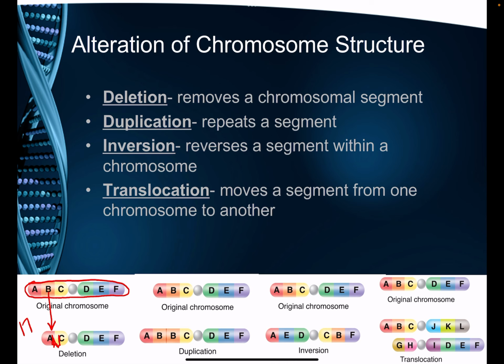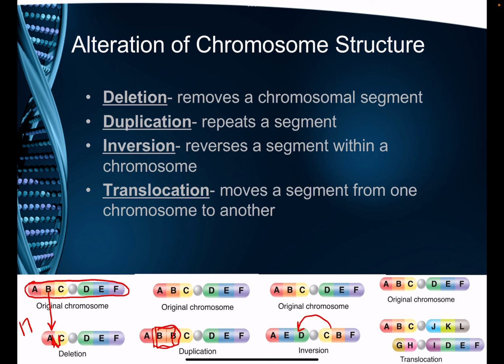So opposite of a deletion, you can have a duplication. So here, B got copied twice, so you would have extra copies of those genes. You can have an inversion where parts of the chromosomes are kind of switched places. So that is an inversion.